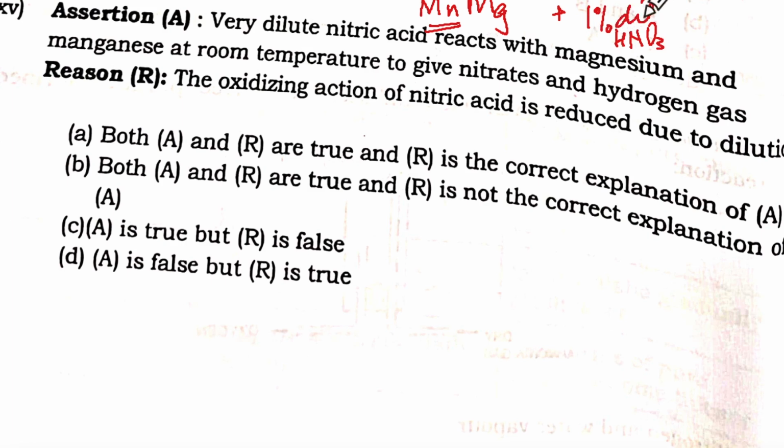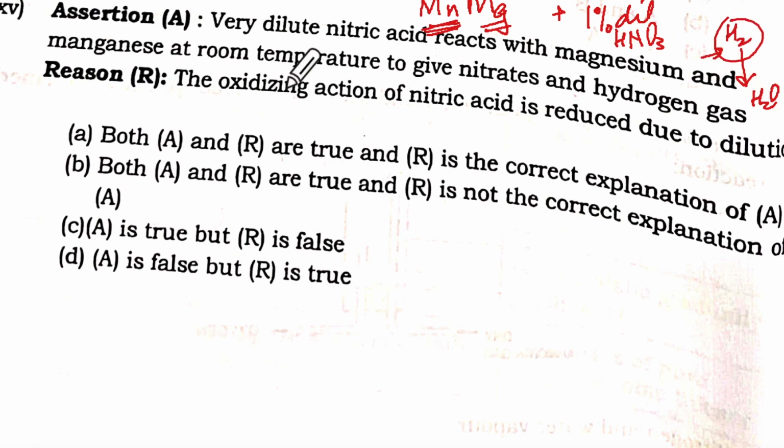When it is 1% dilute, the oxidizing property is very less. So it will form the salt. This will also form the salt, and it will liberate H2. Otherwise, H2 will get oxidized to H2O. We will not get hydrogen.